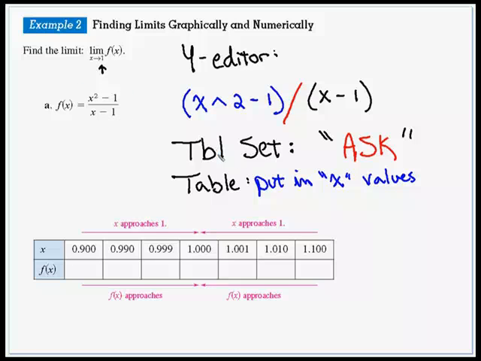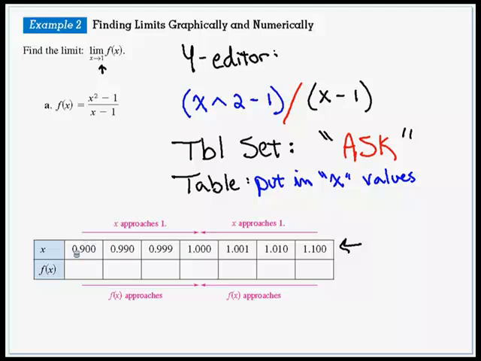And then go to the table set, Green Diamond F4, make sure the setting is set to ask and not automatic. And then we're going to go to the table, Green Diamond F5, we're going to plug in these x values and see what y values pop out. So again, we can't plug 1 right into the function, but let's plug in some numbers close to 1.